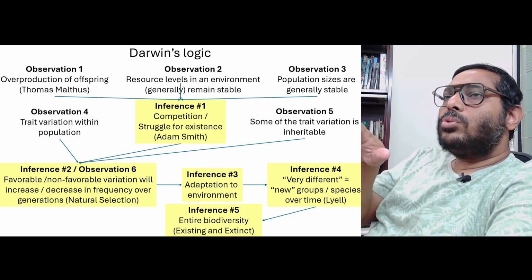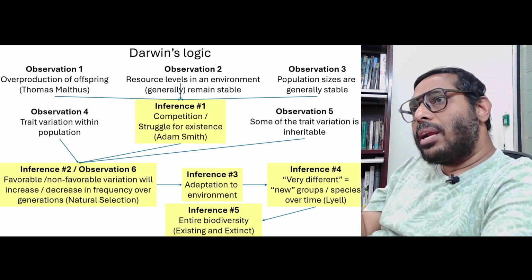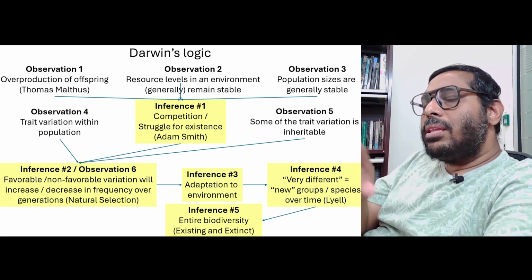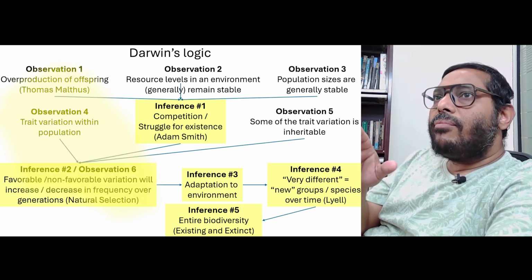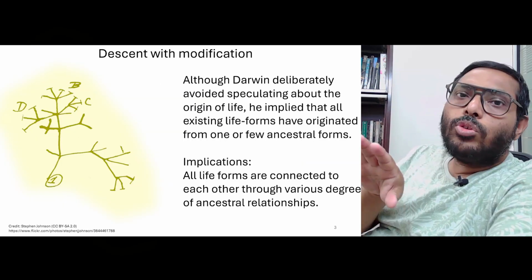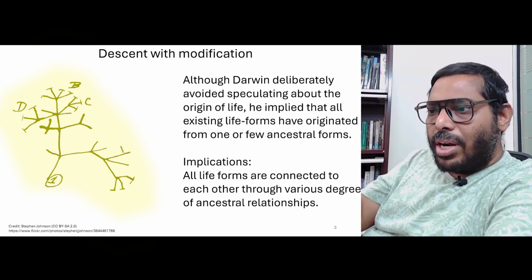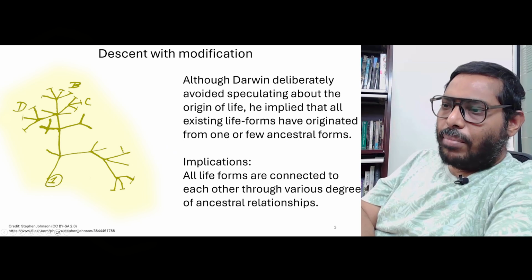But then some of these new species will find themselves in one environment, some will find themselves in another environment, and then in these two different environments they will adapt very differently, and therefore there is going to be divergence, right. So, he thought about it in the context of a diagram like this.